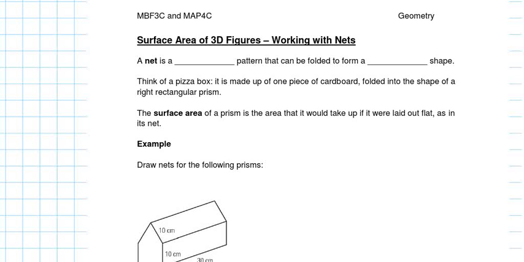Or it's as simple as using your formula sheet that gives you the area of a rectangular prism. You have the formula sheet in front of you. So this is one way that you can do it: look at the formula and then find the area using the formula.